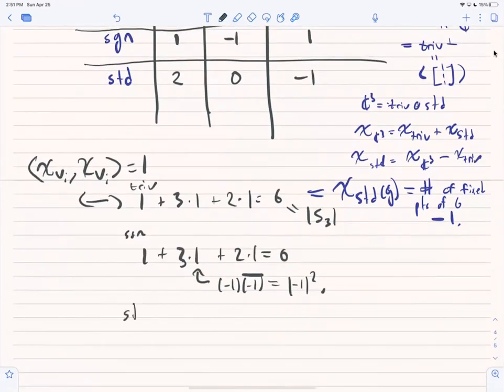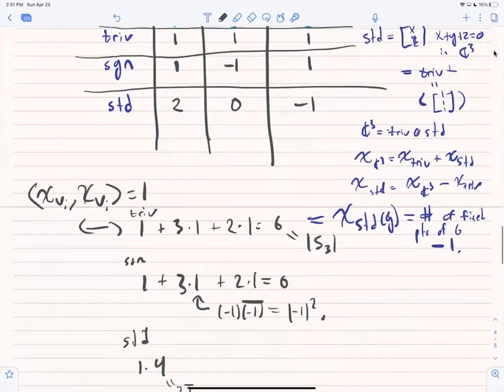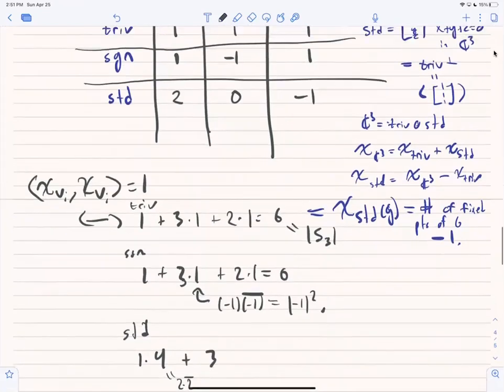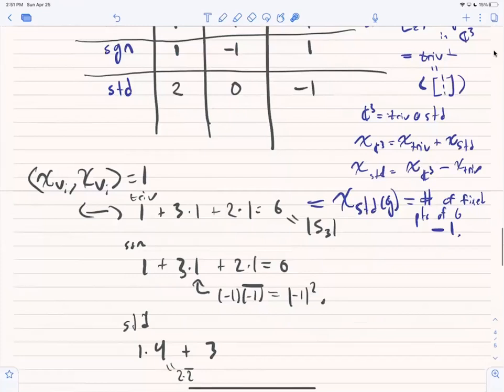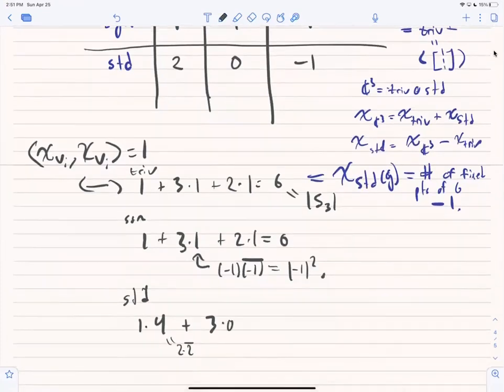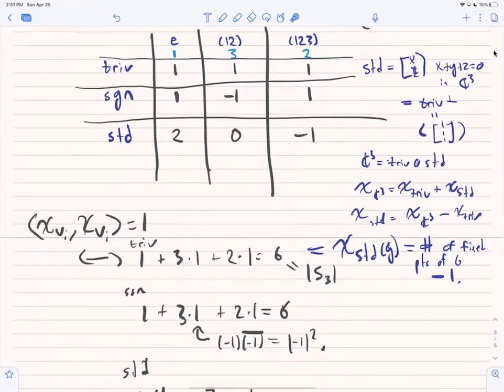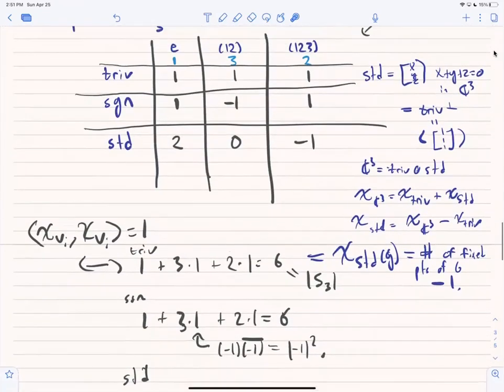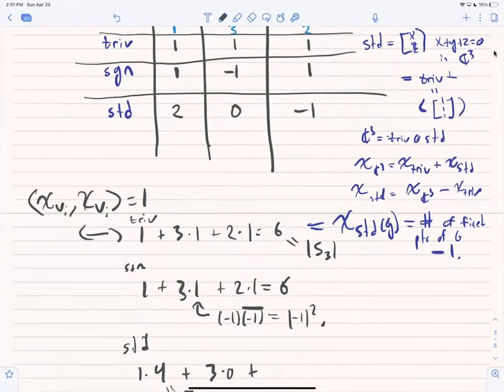And then for the standard representation, we're getting 1 times 4, which is 2 times 2 bar, coming from this first entry, plus 3, because there are 3 in this conjugacy class, times 0 squared, so just 0, plus 2 things in this conjugacy class times -1 squared.